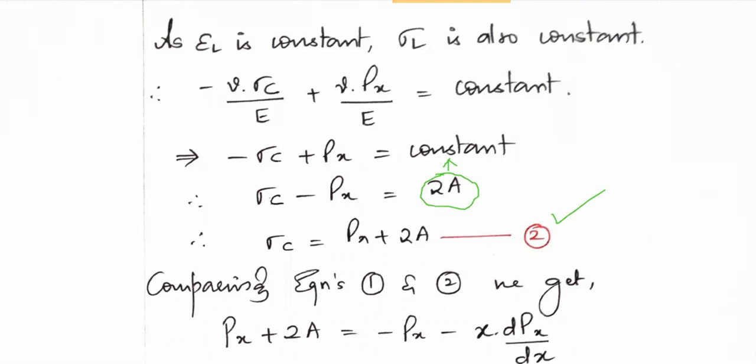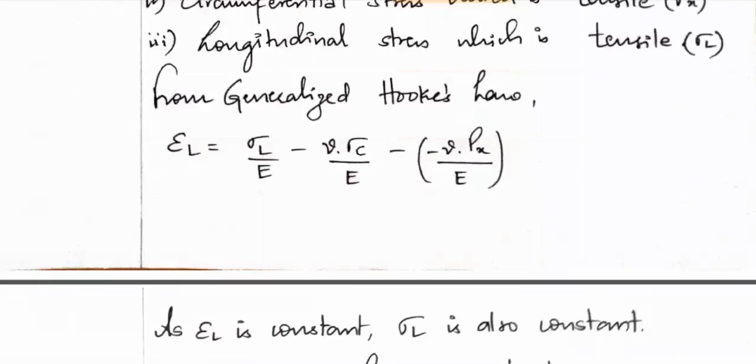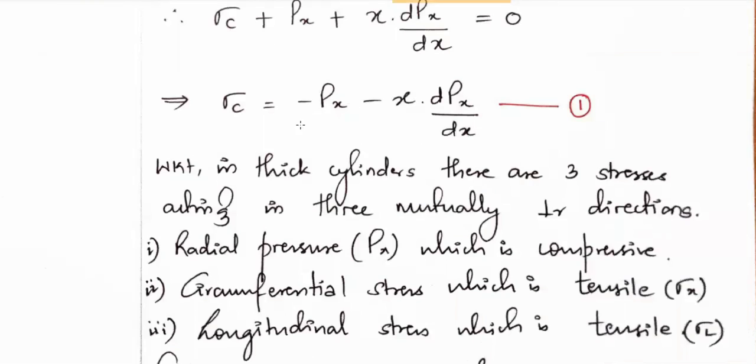Now you go back to your equation 1 and compare equation 1 and equation 2. In equation 1, the left hand side is sigma C, and in equation 2 also the left hand side is sigma C. When both the LHS are equal, the RHS can be equated.